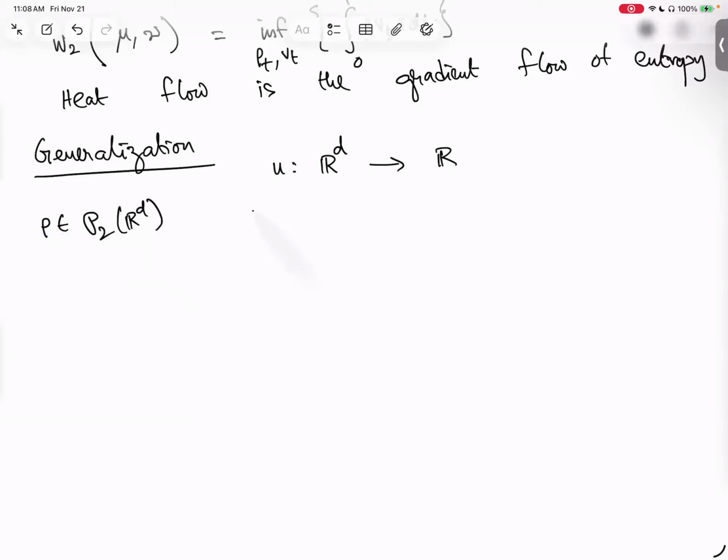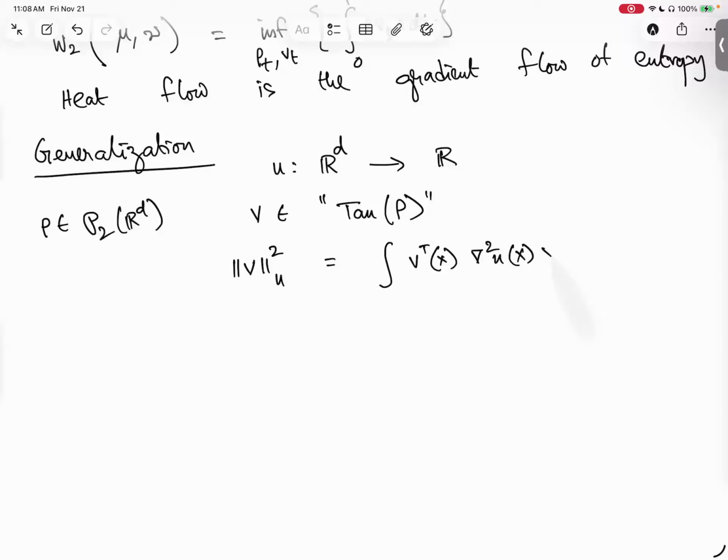If I look at a function v in some appropriate space, which is going to be some kind of tangent space, I can define a new size of v by defining that this norm is the integral of v(x) transpose, Hessian of U(x), v(x) d rho(x).